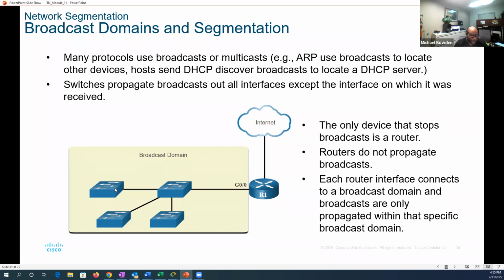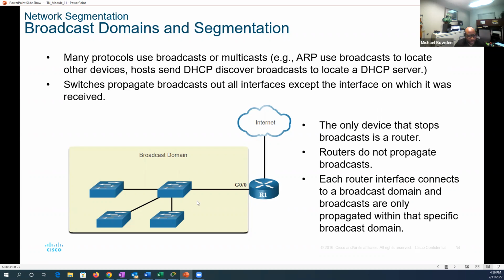So the broadcast will go out of all ports on this switch. Once it comes here, the broadcast will go out of all ports here, all ports here, all ports here. And then, like I said, the router does not propagate broadcast, so the broadcast will stop here.